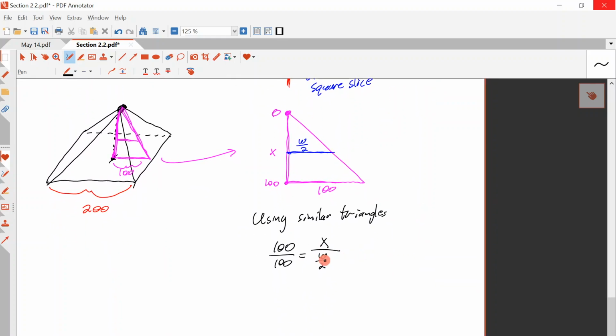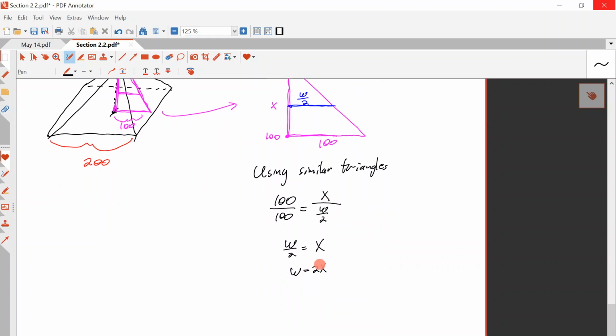So W is going to be equal to half of X. So W over 2 is equal to X. So W is 2X.